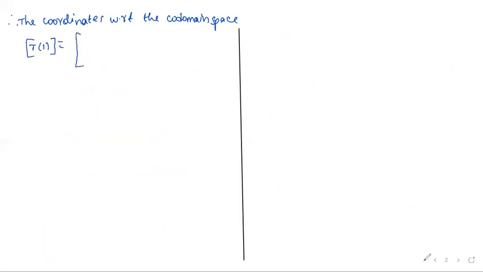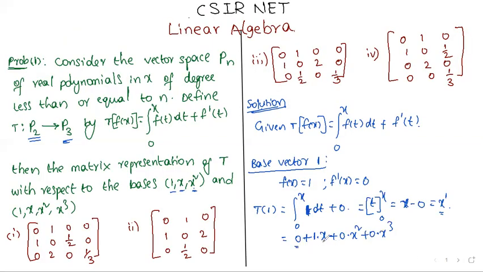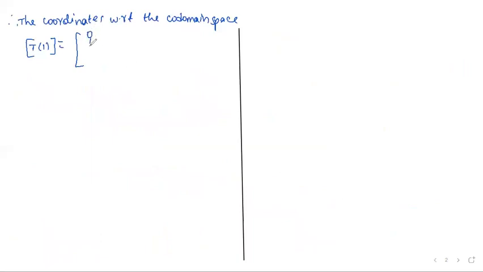Therefore, the coordinates with respect to the codomain basis: T of 1 is 0, x coefficient 1, x^2 coefficient 0, and x^3 coefficient 0. So (0, 1, 0, 0) is the representation.